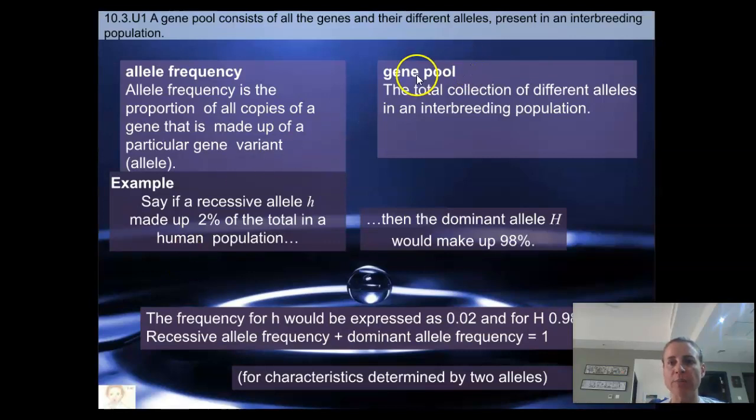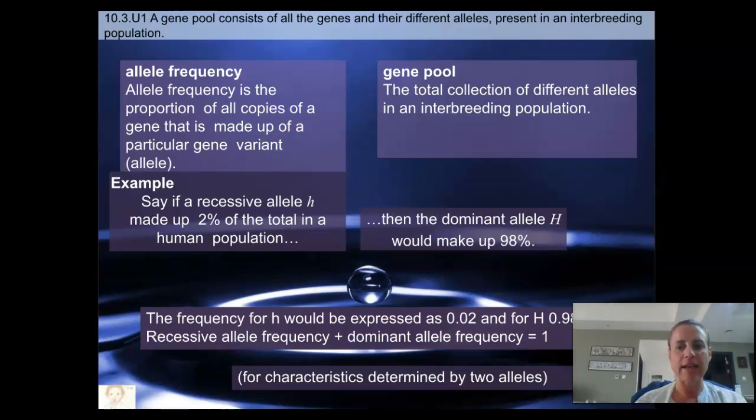A gene pool is the total collection of different alleles in an interbreeding population. Allele frequency is the proportion of all copies of a gene that is made of a particular gene variant. Remember that genes can be classified as alleles if there's a slight difference in the DNA.